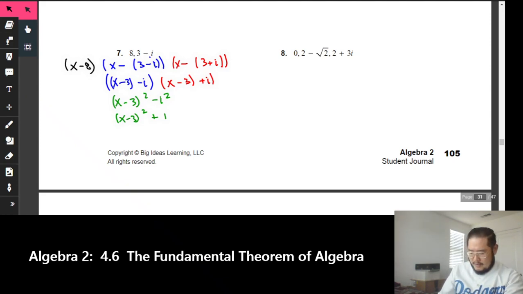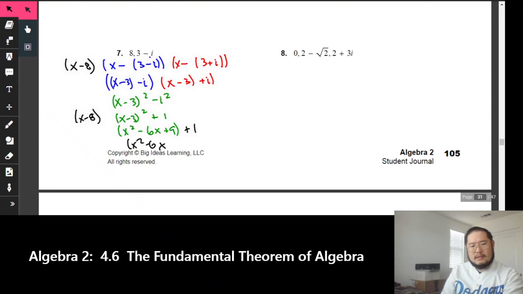All right, and then we have the x minus 8. So we're going to have to FOIL this out or use our pattern. It's going to be x squared, and then minus 2 times a times b, so it's going to be negative 6x, and then it's going to be the b term squared, so plus 9. And then we have ourselves right here the plus 1.